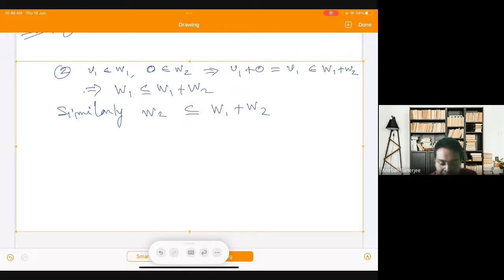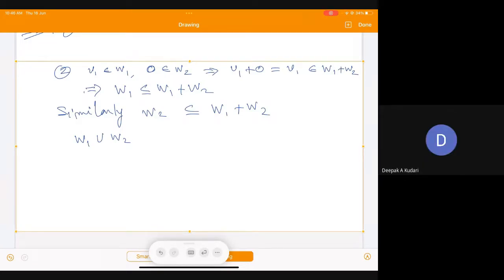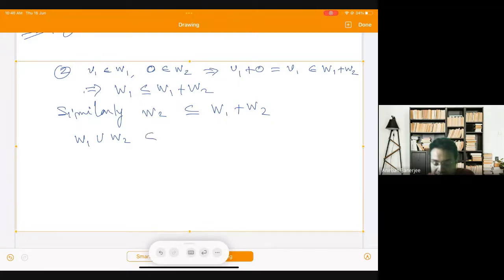What about W1 union W2? That will also be a subset. But on the other hand, we have seen that this does not always form a subspace.